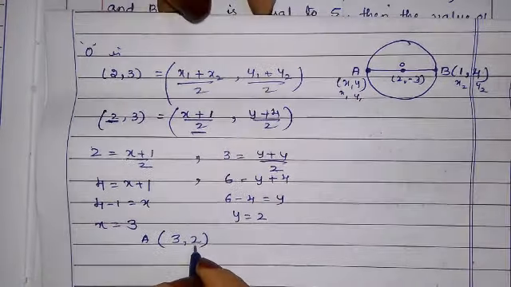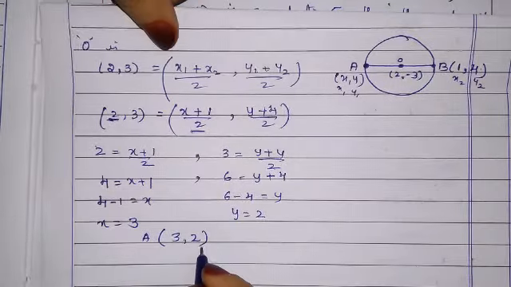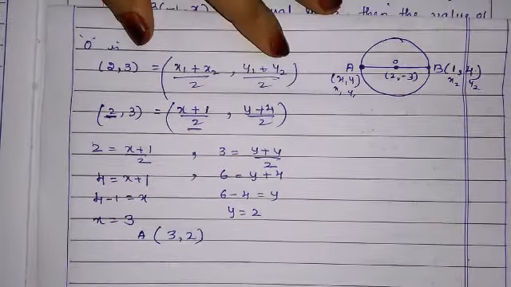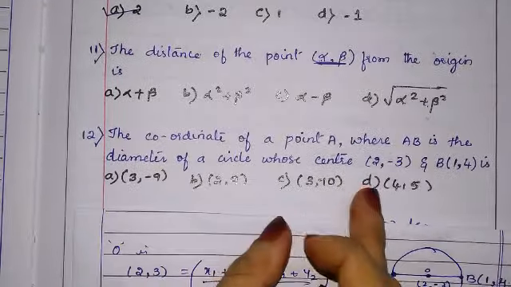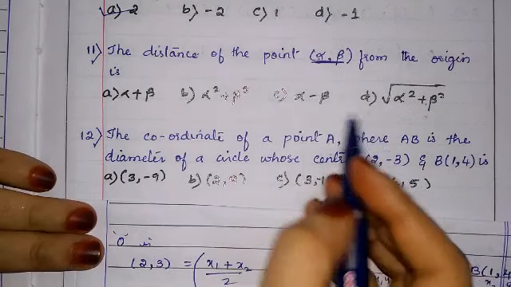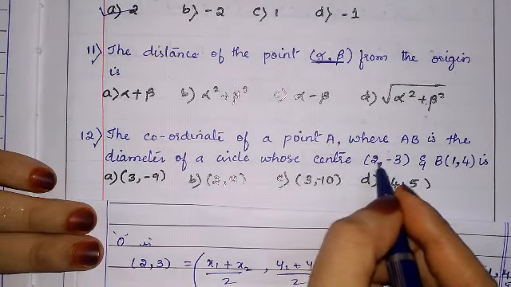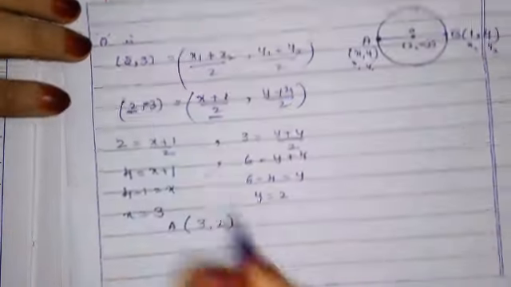Let us check. We have 3 and 2. We don't have the point (3, 2) in the options. So the mistake I made is that the center is (2, -3), and I didn't write the minus 3 here.